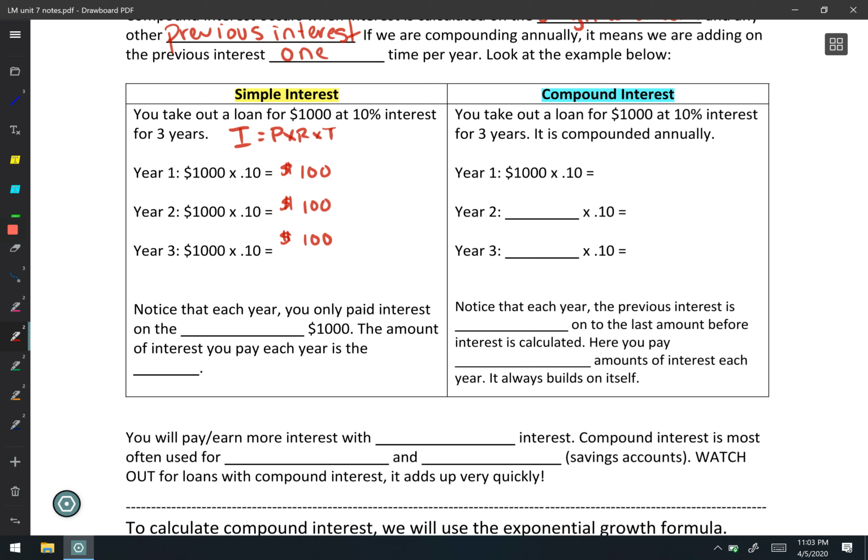Each time you're just calculating the simple interest formula. So it doesn't change. Year one is $100, year two is $100, year three is $100. So notice each year you only pay the interest on the original $1,000. The amount of interest you pay each year is the same.